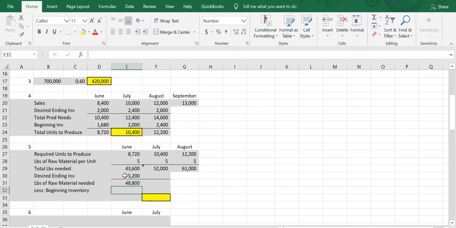We're looking for the ending inventory in May, and that means that this 43,600 times 10% is the beginning inventory for June and the ending inventory for May. So we put 4,360 here, or we can actually show the calculation. That's probably best. Times 0.10, 4,360.